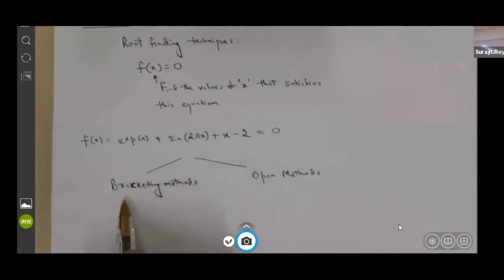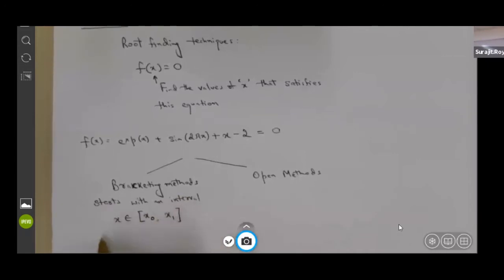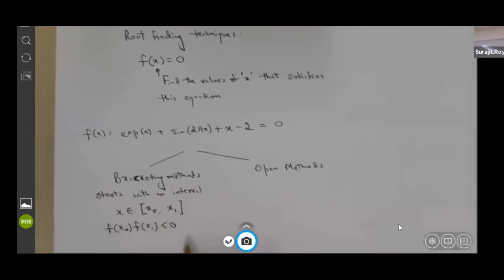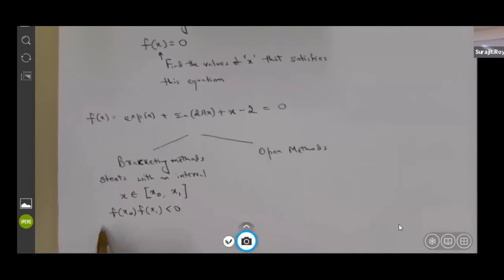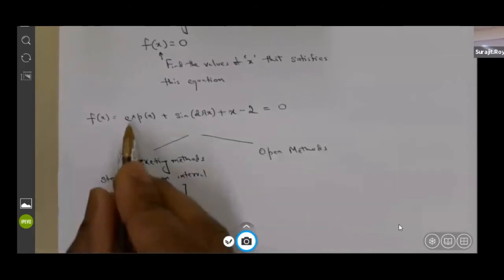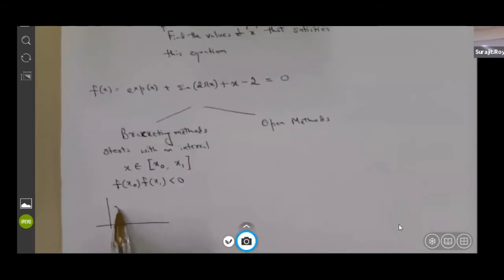So it basically starts with an interval x lying between, let's say, x0 and x1, such that f(x0) times f(x1) is less than 0. So this condition guarantees that this generic function f(x) crosses the x-axis.